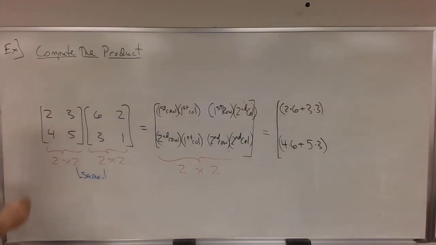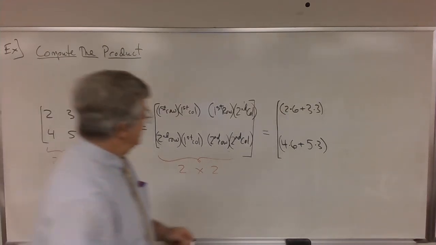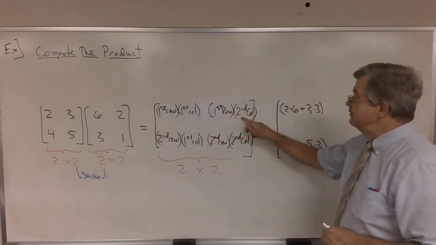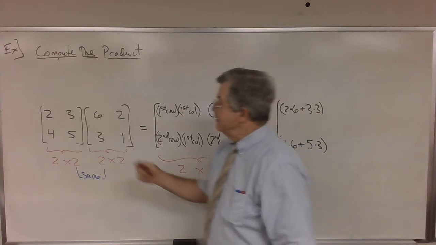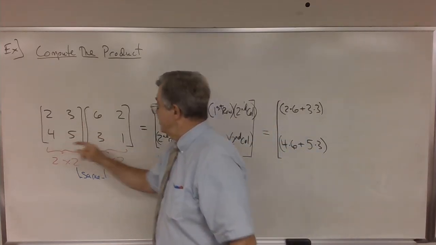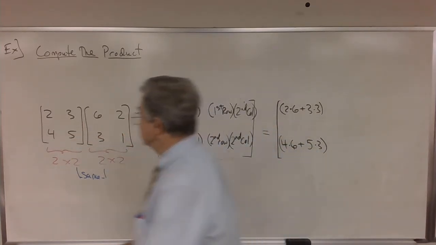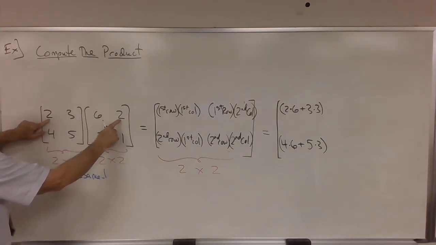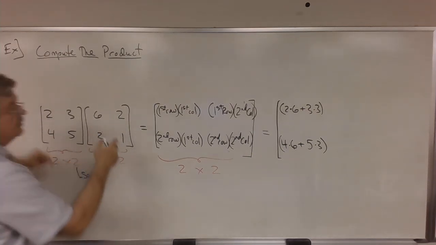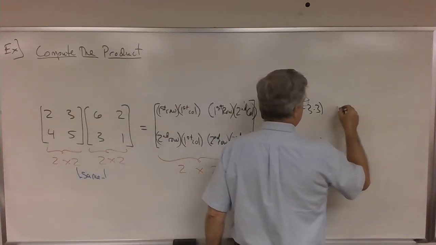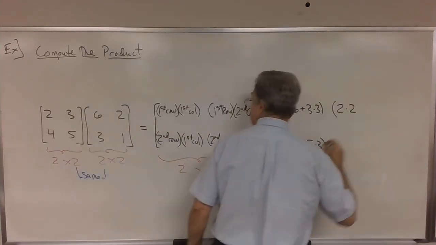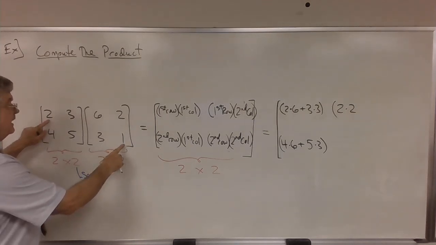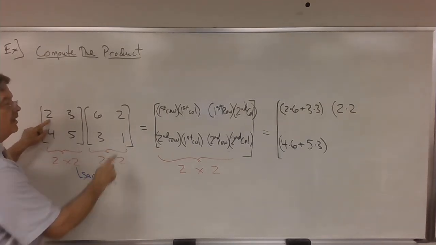Well, we finished that. Now we need to go to the second column. This is first row, second column. So it's the product of the first row times the second column. We take the first element of each, 2 times 2, plus the second element of each, 2 times 1.